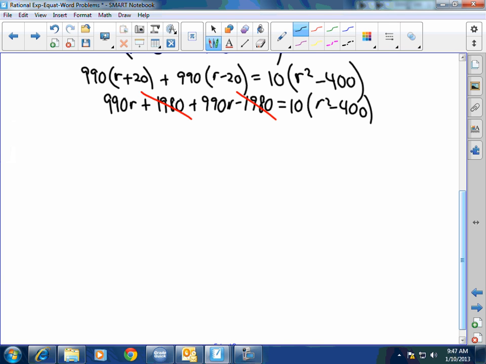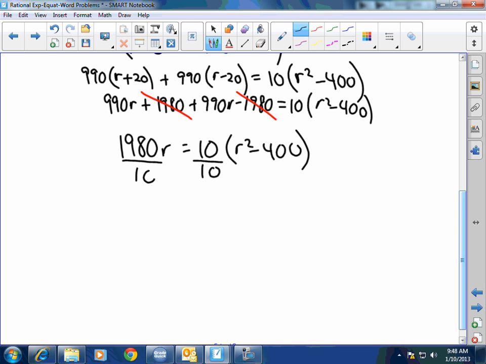And then 990 plus 990 is going to be, again, 1980r equals 10 times r squared minus 400. Let's go ahead and make our lives easy and divide by 10. So I've got 198r equals r squared minus 400. Let's go ahead and subtract 198r from both sides.